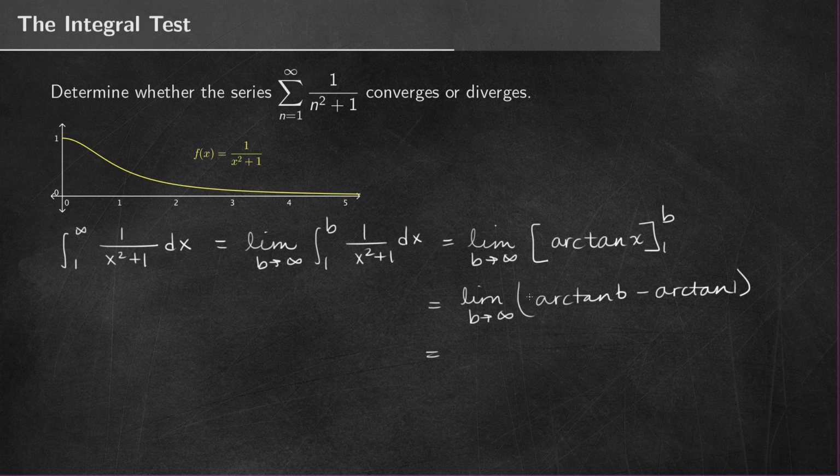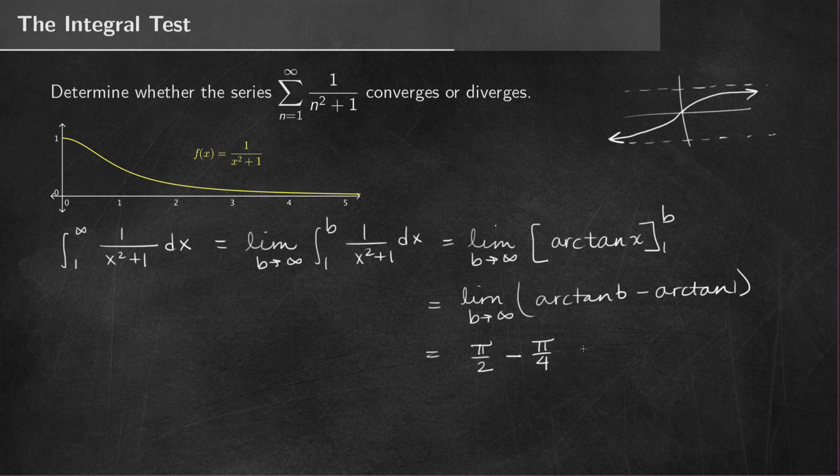The arctan of b as b approaches infinity is pi over 2. Think about the graph of arctan. We've got a horizontal asymptote at pi over 2 and then one at negative pi over 2. So as we approach infinity, arctan of b approaches pi over 2 minus arctan of 1. The arctan of 1 is pi over 4.